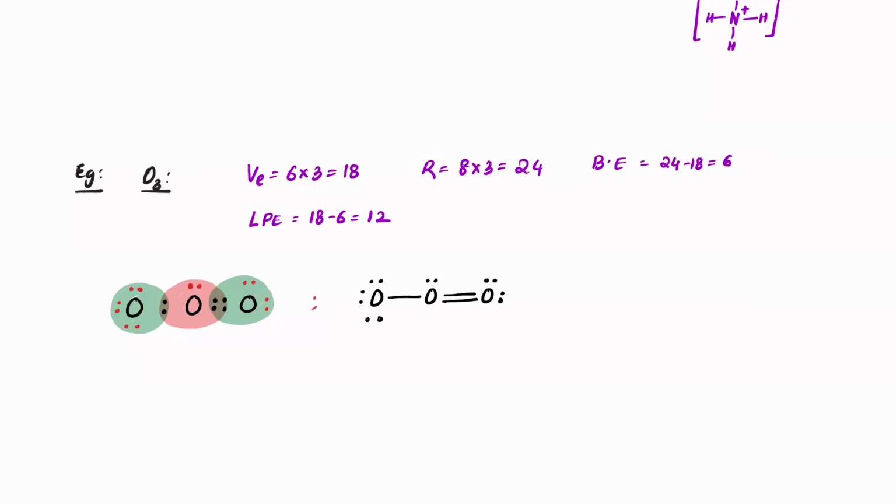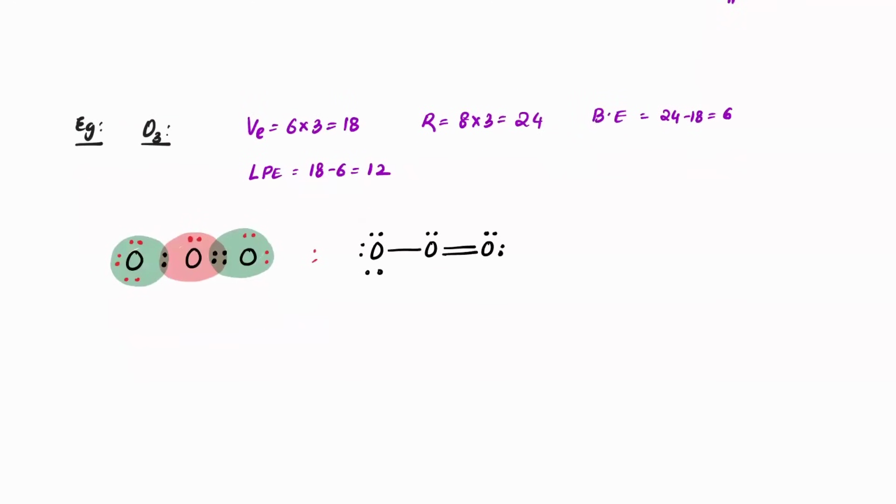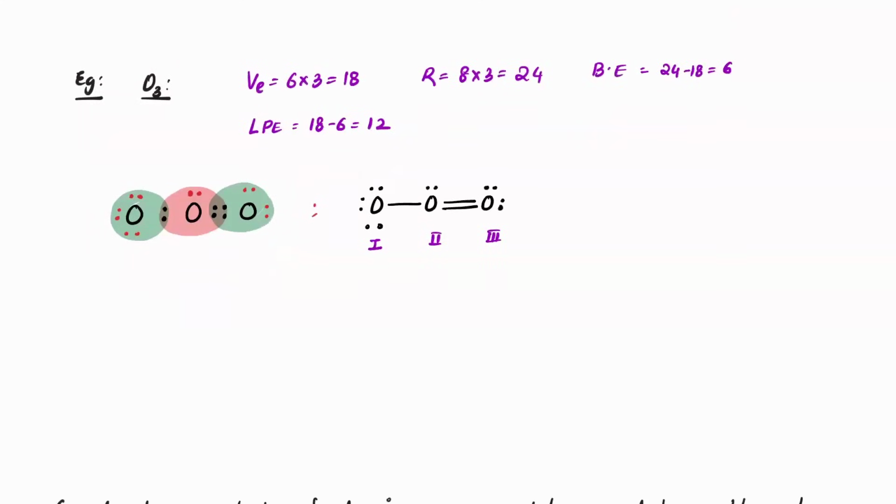Now have you noticed all three oxygens are of a different nature? So I'll call them oxygen 1, oxygen 2, oxygen 3. Let's figure out the formal charge on each one of them. Oxygen 1, first kind: it has 6 valence electrons, minus half into bonded electrons, which are only 2, minus lone pair electrons, which are 6, which makes it minus 1. Formal charge of oxygen of the second kind: 6 valence electrons, minus half into bonded electrons, which are 6, minus lone pair electrons, which are 2.